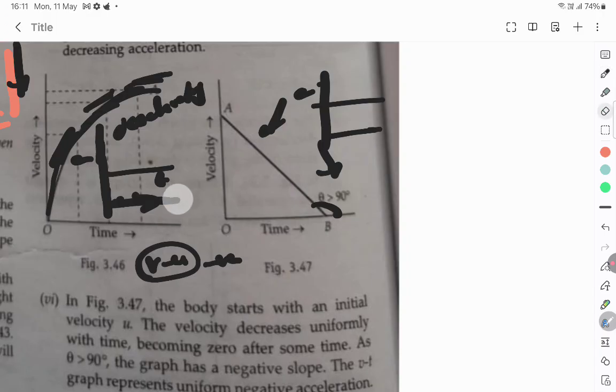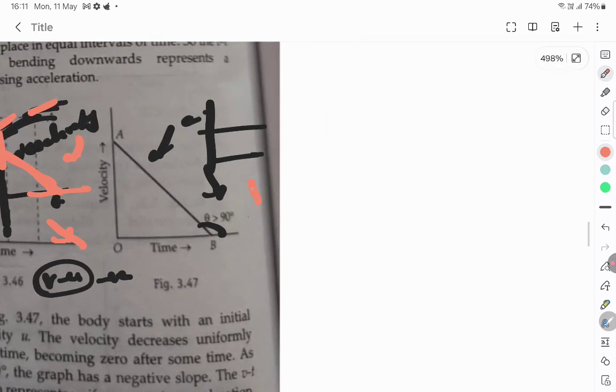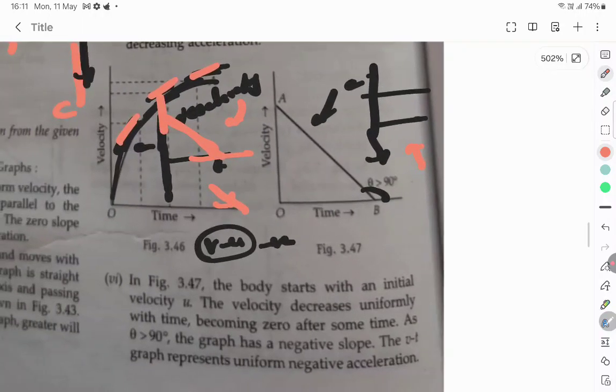But the difference here is, here it's not constant, because the acceleration is going on decreasing. We can draw it like this. The acceleration is decreasing with time for this, I'm sorry. The slope is decreasing, so it's linear, but it's decreasing, downhill. And for this, it's a constant. I made a mistake, I hope you're clear.